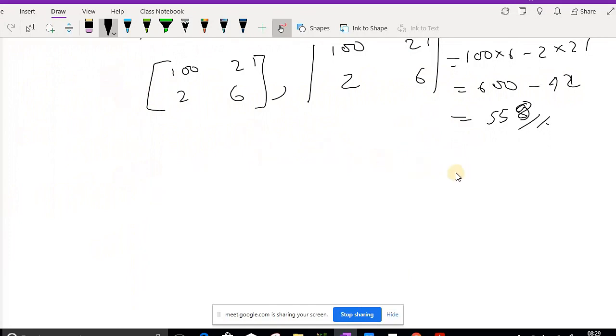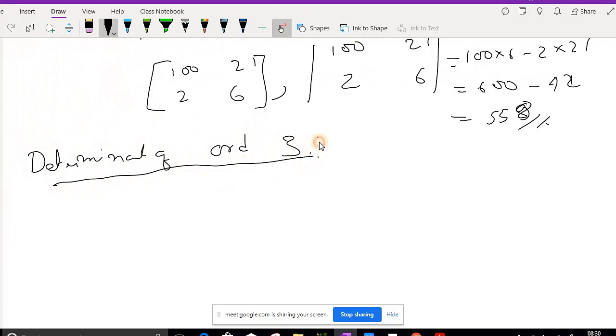So determinant of order 2 is done. Now we have to define the determinant of order 3, which is most important in our class. I don't care about my spellings, but you should care about that.